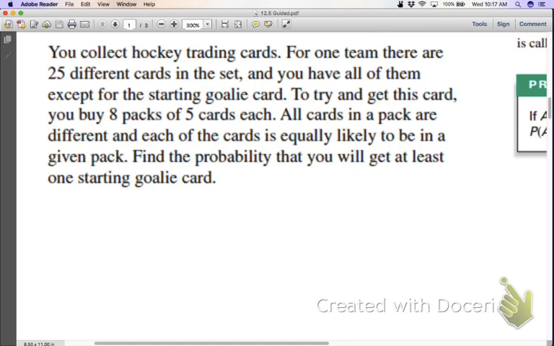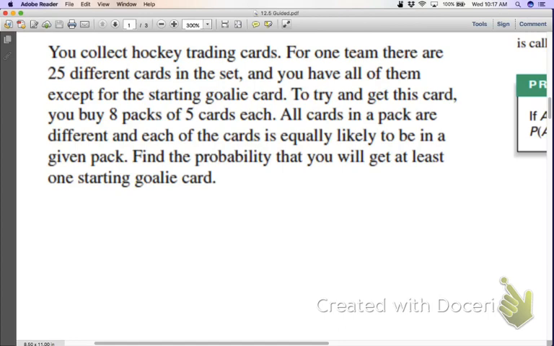So in this case, you have 8 packs, so that means I'm going to have 8 different ways of doing this. This kind of goes back to our combination that we had before. These are just packs of cards. Could you get more than one goalie card?